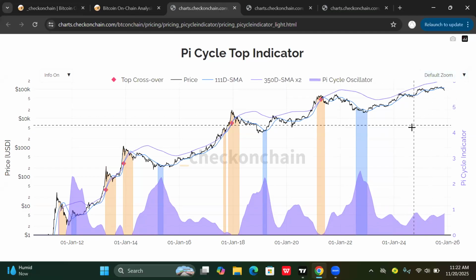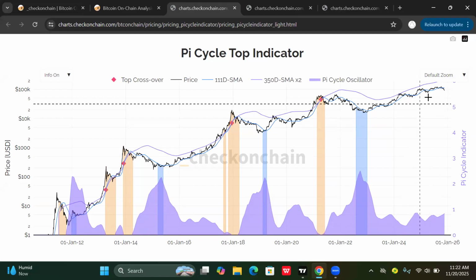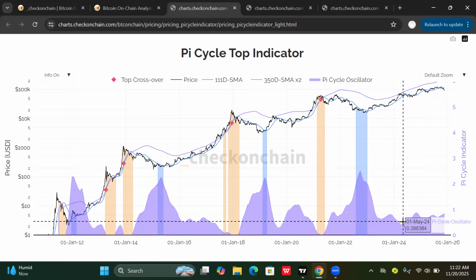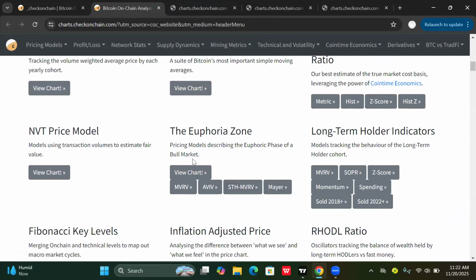But if we get something like this and it tops out. So for me, Bitcoin hasn't really topped. We've not really seen that cycle yet. So we're still within areas where we can look at Bitcoin. All right. So let's go back again and go to the euphoria zone.